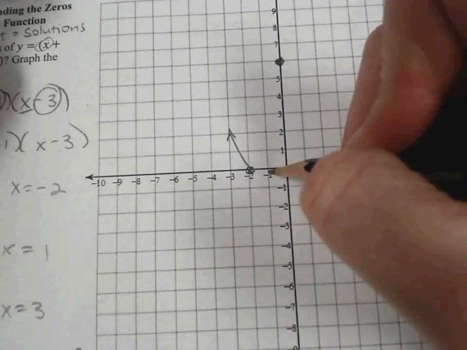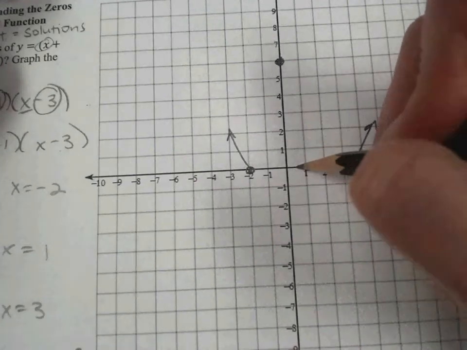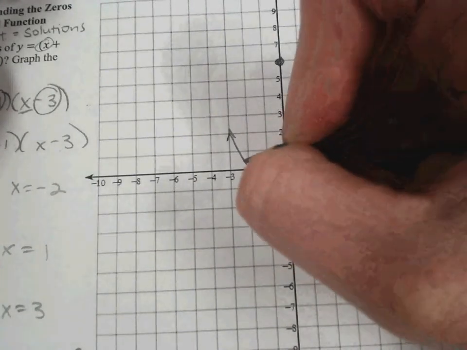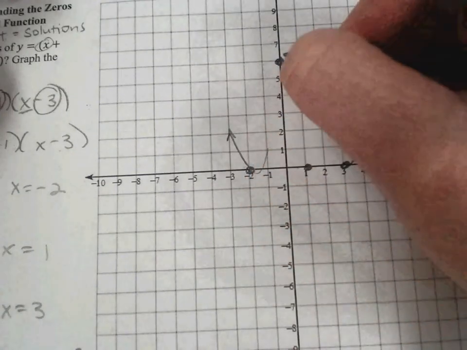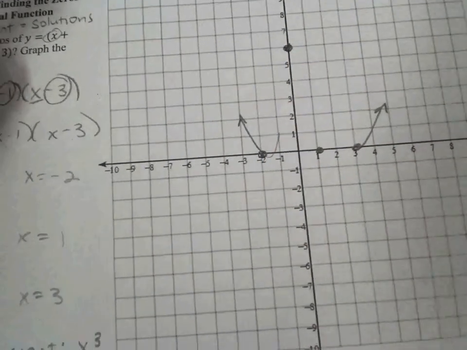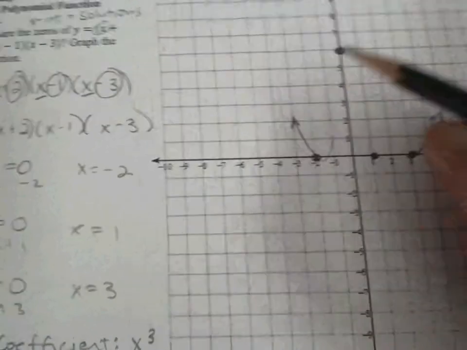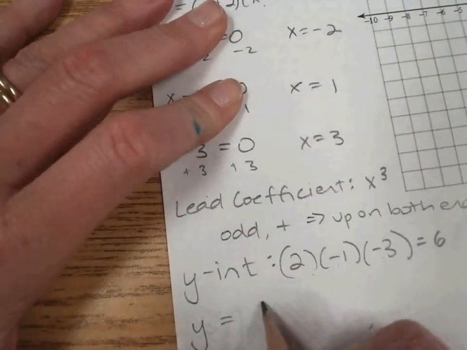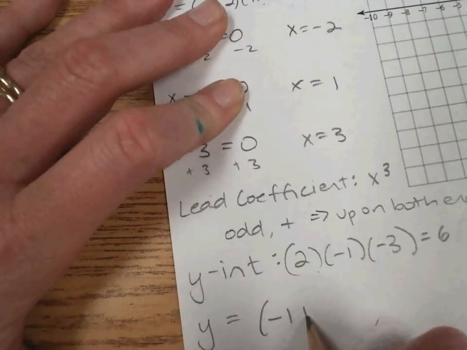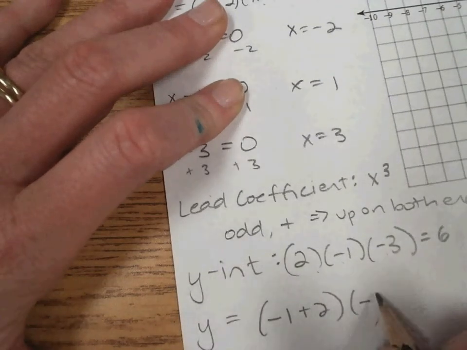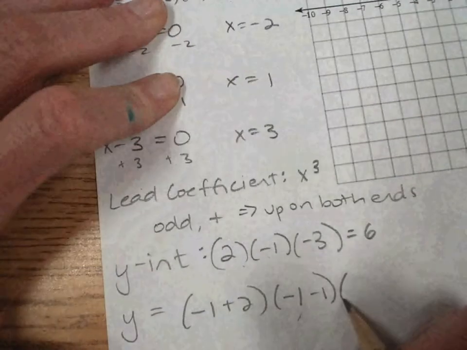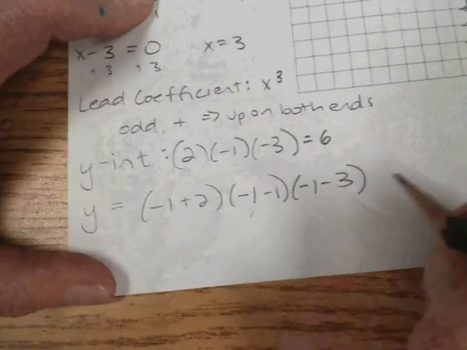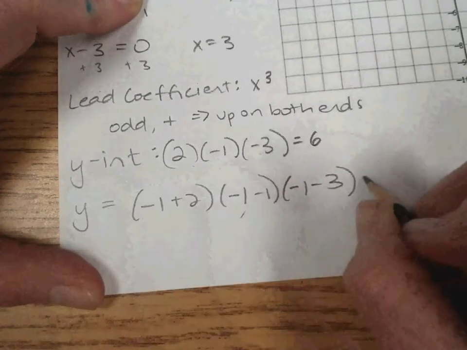We could then try plugging in a value between each one of these to figure out what happens in between. So let's go ahead and try plugging in negative 1 into our function here. So y equals negative 1 plus 2 times negative 1 minus 1 times negative 1 minus 3.